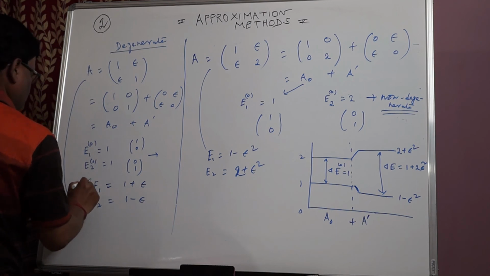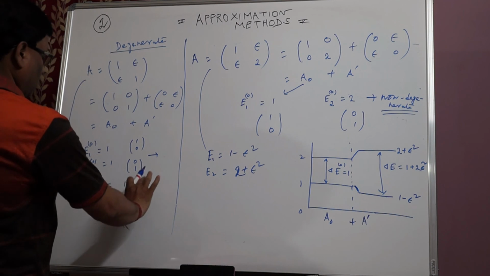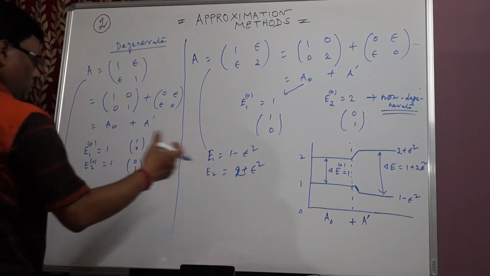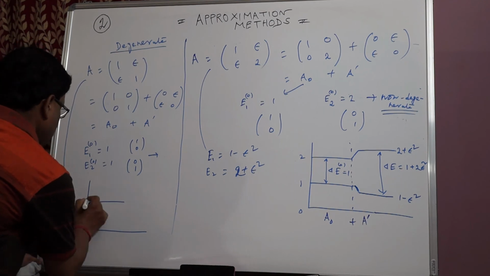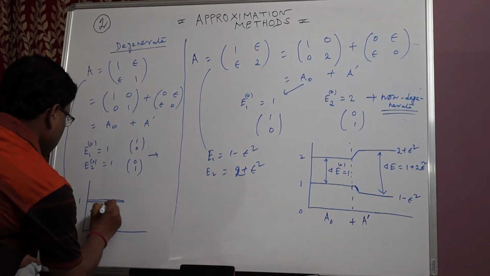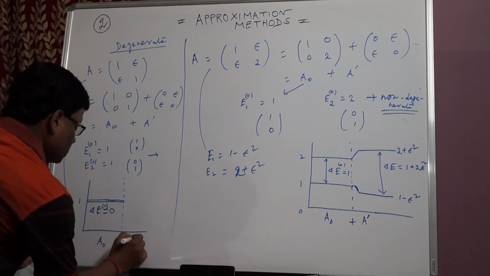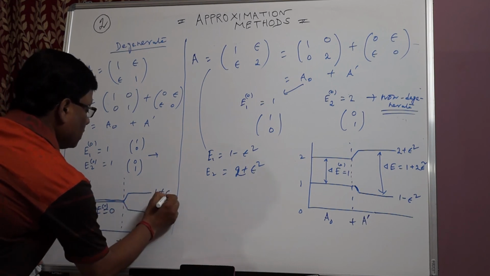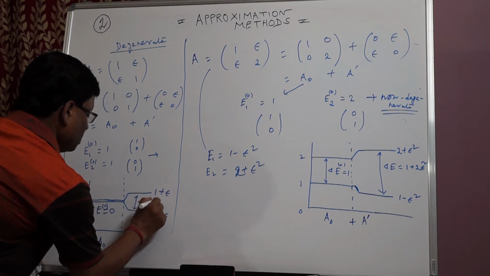You see that due to perturbation, the twofold degeneracy of the eigenvalues is removed. Drawn in a diagram, the splitting due to A0 is 0. After applying the perturbation, the levels are 1 plus epsilon and 1 minus epsilon, so the splitting becomes twice epsilon.